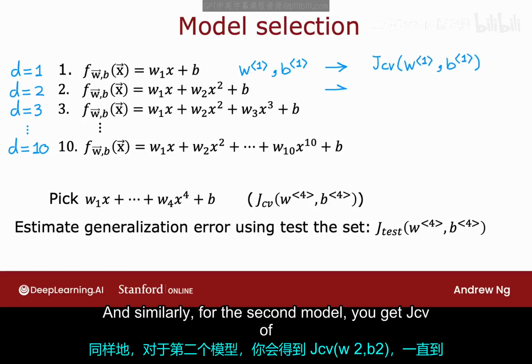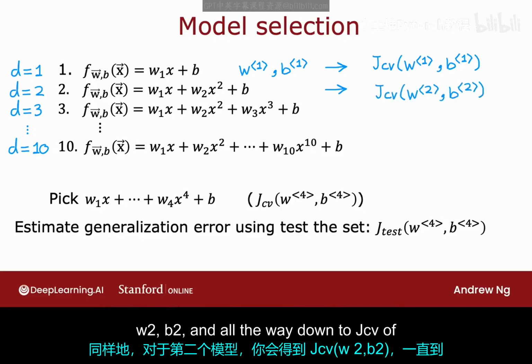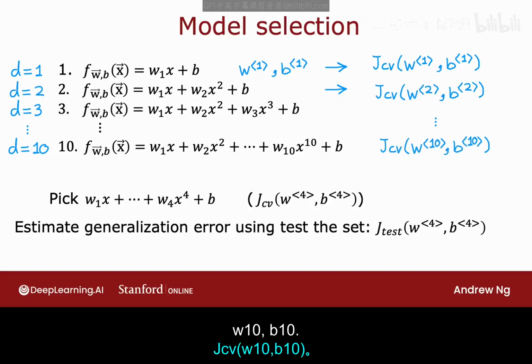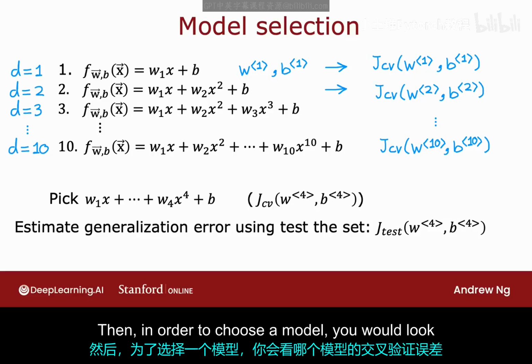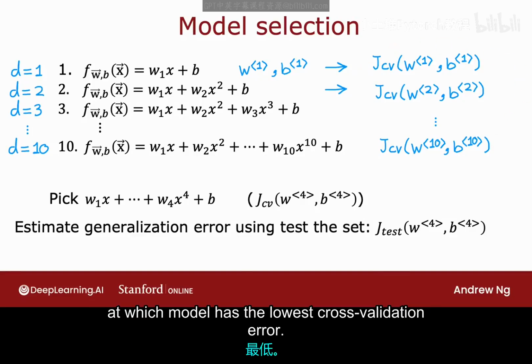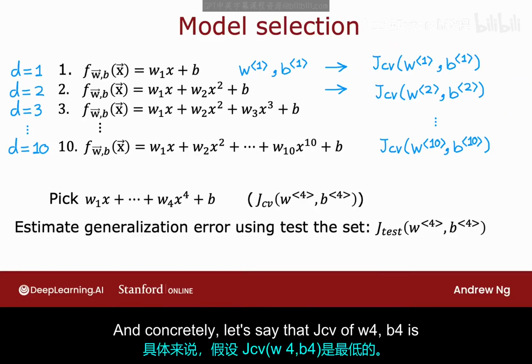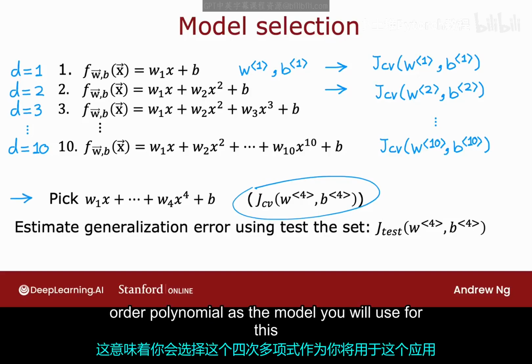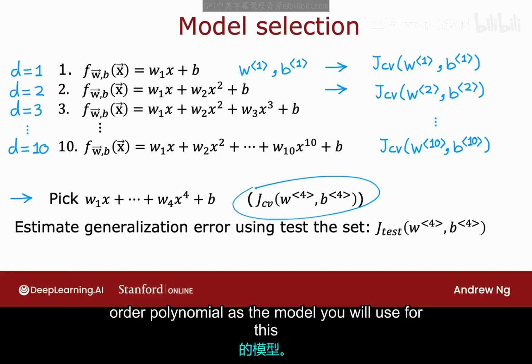And similarly, for the second model, you get JCV of w2, b2, and all the way down to JCV of w10, b10. Then, in order to choose a model, you would look at which model has the lowest cross-validation error. And concretely, let's say that JCV of w4, b4 is lowest. Then what that means is you would pick this fourth order polynomial as the model you will use for this application.